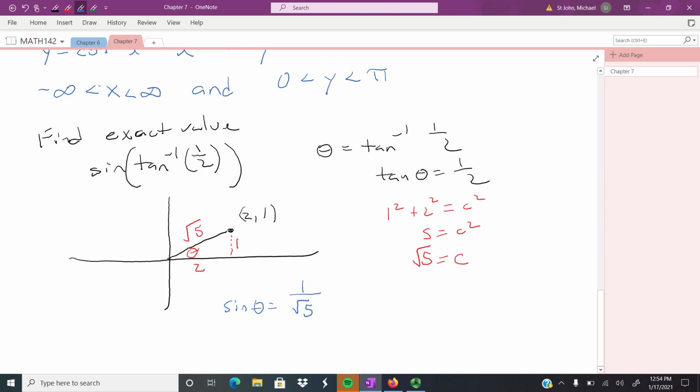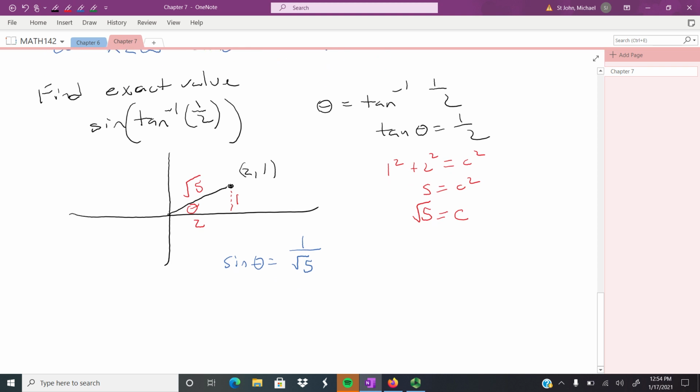But then we have to rationalize our denominator. So we multiply the top and bottom by the square root of 5 over the square root of 5. And so we end up with a final answer of the square root of 5 over 5. So we're done. Okay.